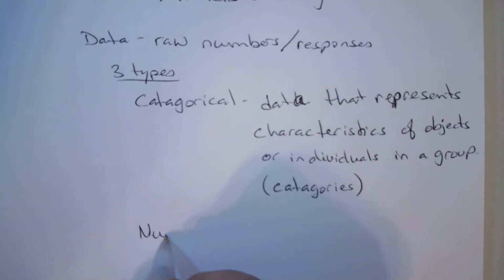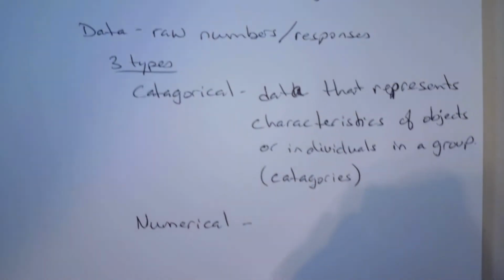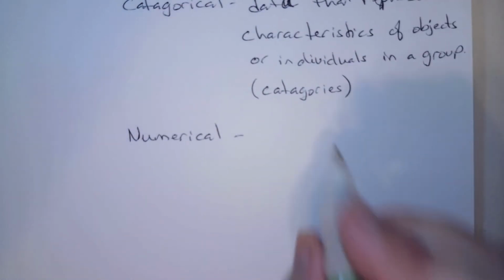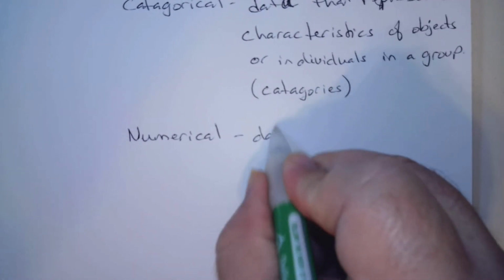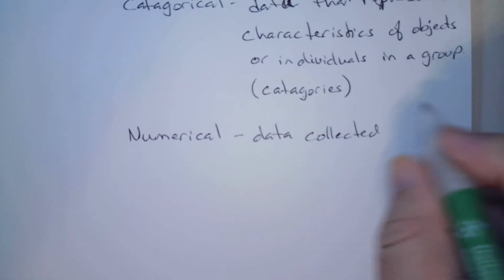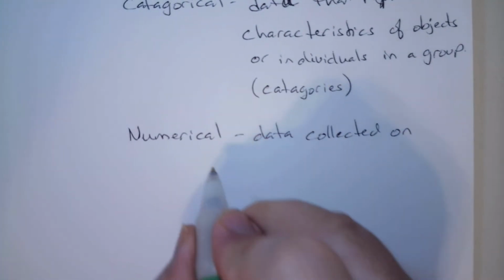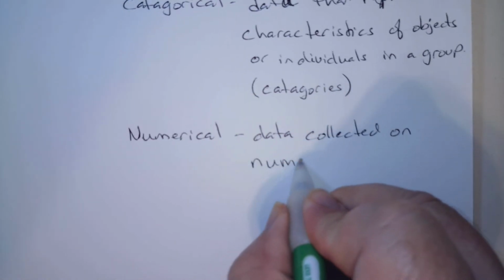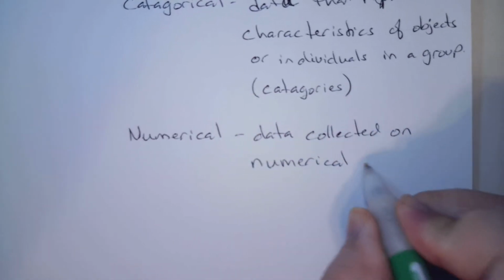The next one is numerical. Numerical is data collected on numerical variables.